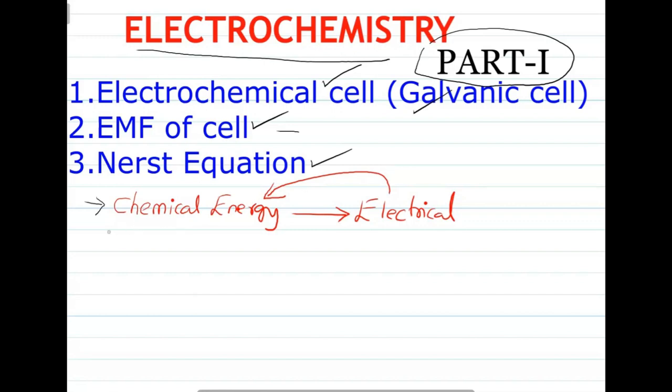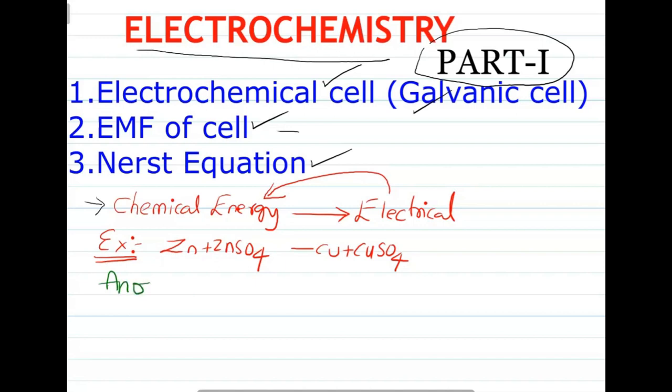So we'll take an example. One of the good examples is zinc dipped in zinc sulfate and copper dipped in copper sulfate. This is one of the most famous galvanic cells. In any electrochemical cell, as we know, it will contain two electrodes.